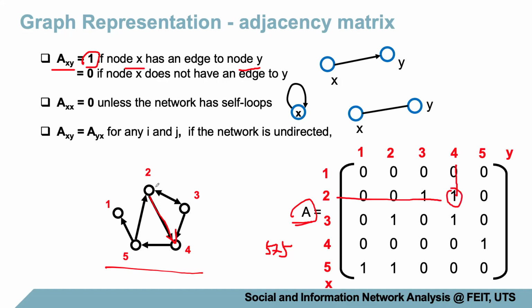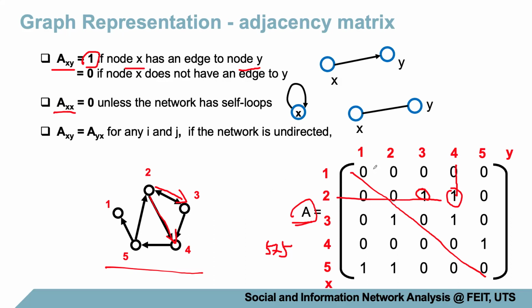And also we have an edge from 2 to 3, then we set this element as 1. But if X does not have an edge to Y, then we just set the value as 0. For A_XX, when X equals Y, those are the diagonal elements, unless the network has self-loops, the value will just be 0.